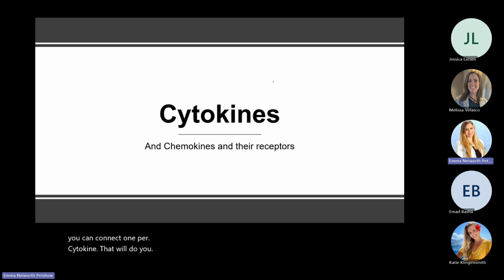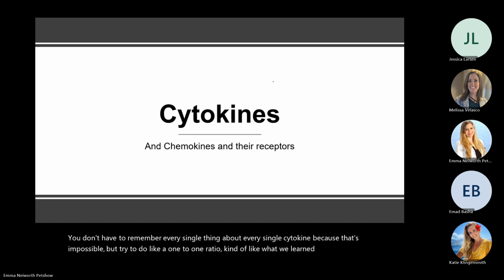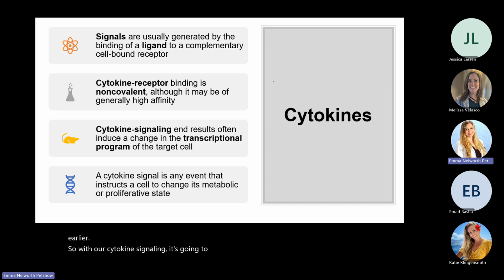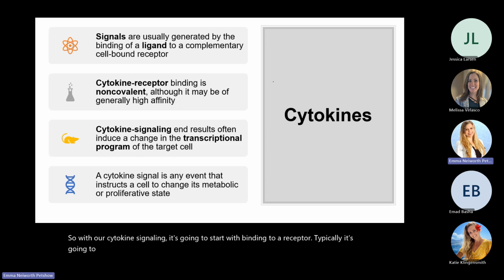You don't have to remember every single thing about every single cytokine because that's impossible, but try to do like a 1-to-1 ratio, kind of like what we learned with bacteria earlier. So with our cytokine signaling, it's going to start with binding to a receptor. Typically, it's going to be high affinity and non-covalent bonding.